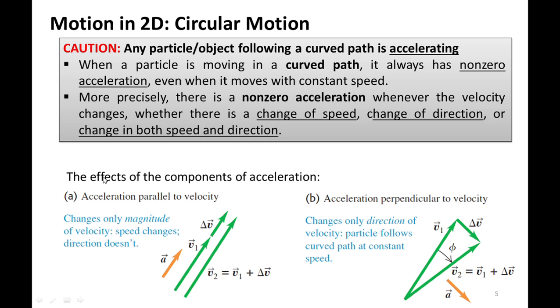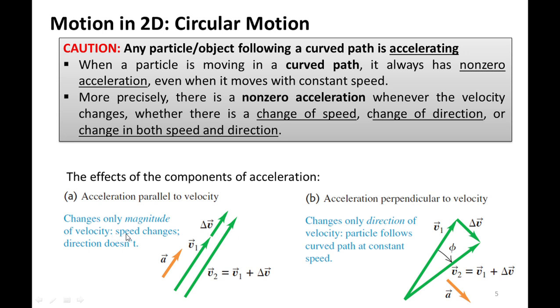So here are the effects of the components of acceleration. Again, our total acceleration in circular motion has two components. The first is the acceleration parallel to the velocity, while the second is the acceleration perpendicular to the velocity. The acceleration parallel to the velocity changes only the magnitude of the velocity.